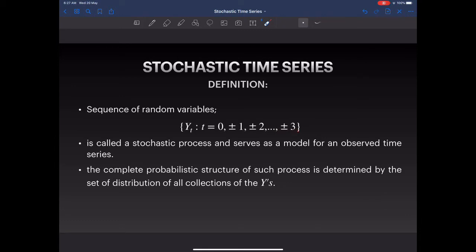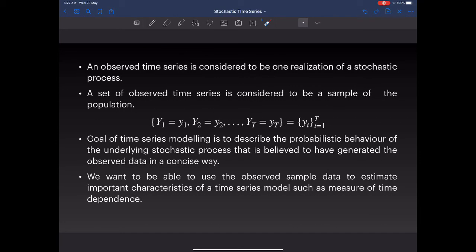When we talk about the stochastic series, the complete probabilistic structure of such a process is determined by the set of distributions of the whole collection of the y's. That's why we call it a stochastic process.